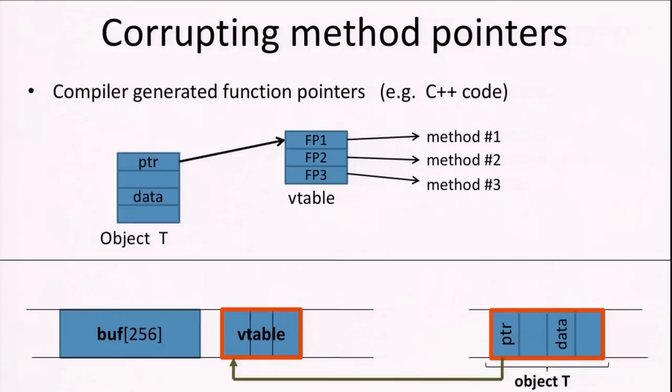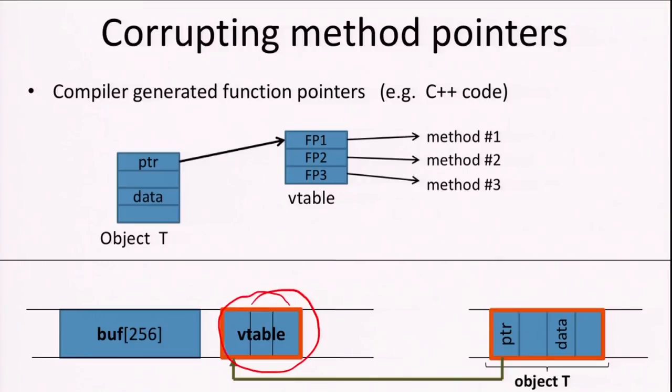Another thing you can do is corrupt method pointers. Method pointers are pointers to methods, and in C++ you have virtual functions. When you derive a class from another class and you want the function with the same name to invoke a different function when you are an instance of the derived class, you declare the function to be virtual. In this case, in the data structure of the object, there is something called a vtable.